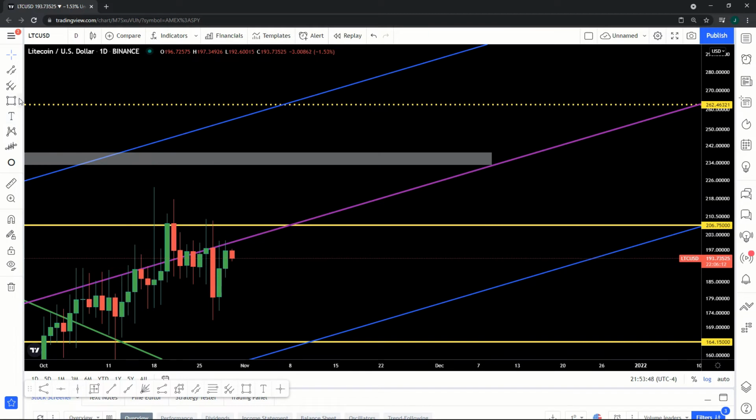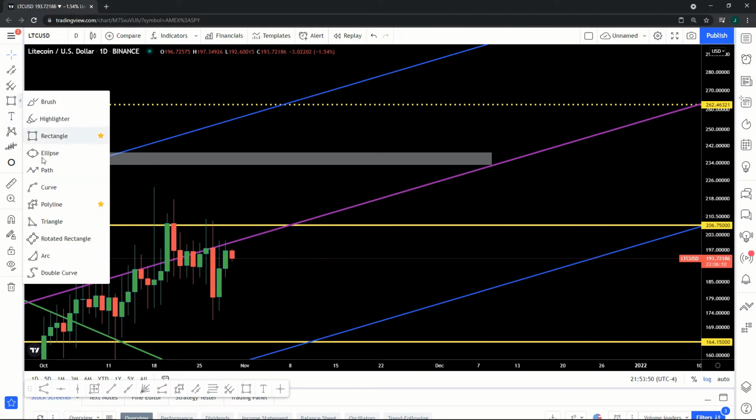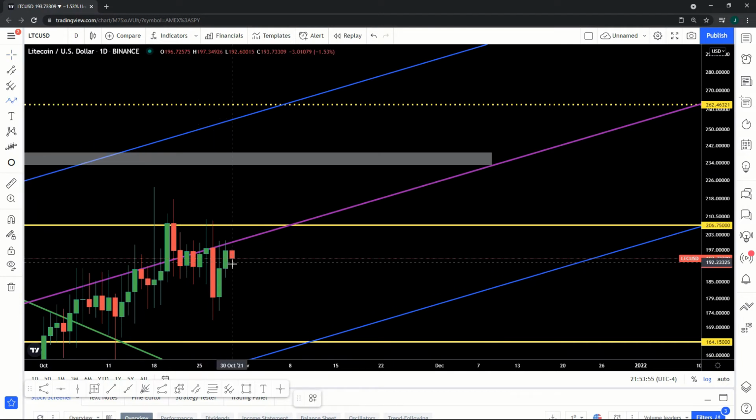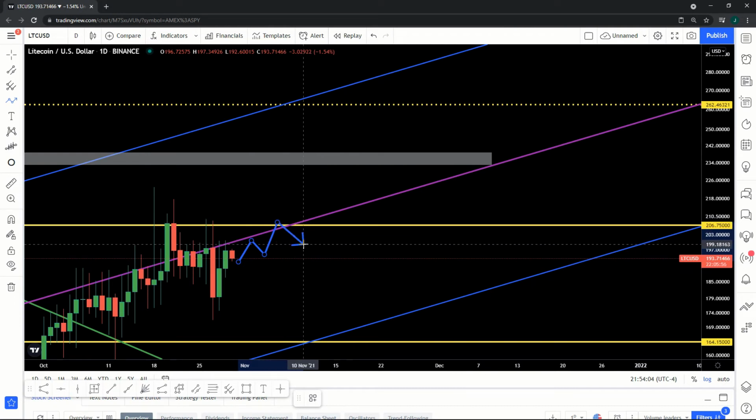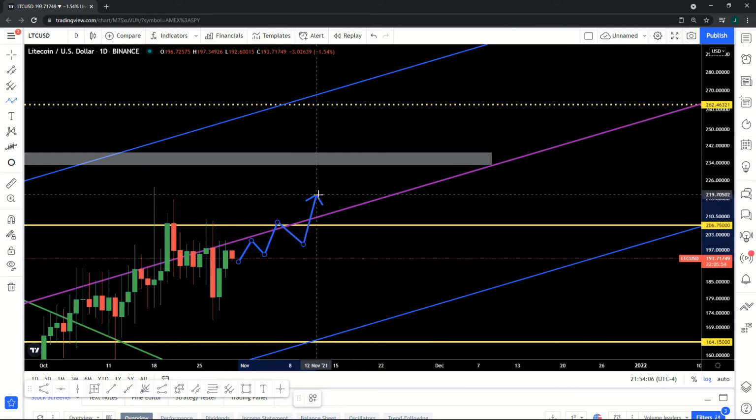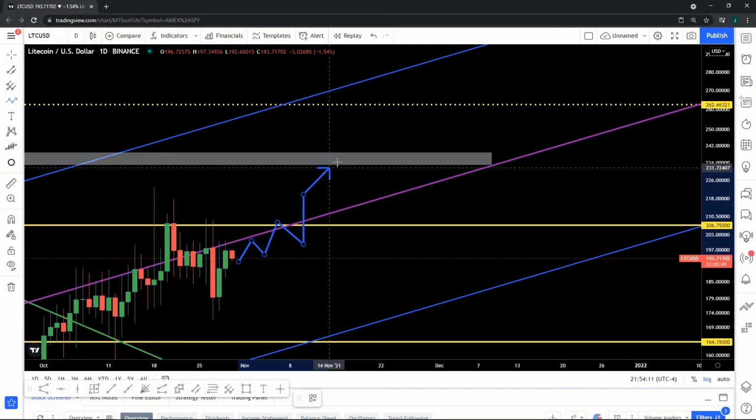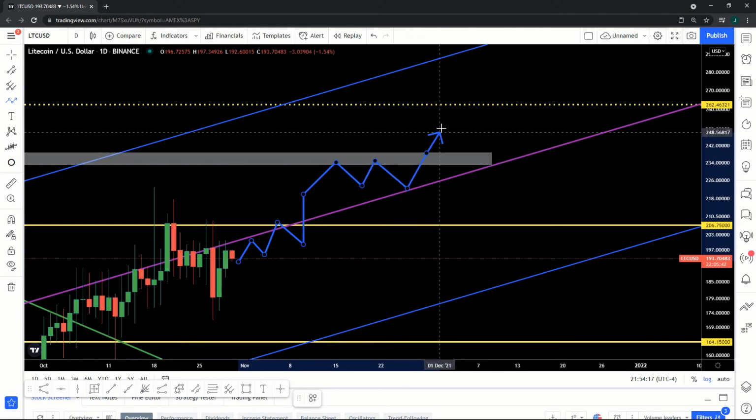So if I was to use this, right now, this is today's candlestick. I'm thinking price is going to keep making attempts to go higher, and then when it does, it might do something like this, and then come down.